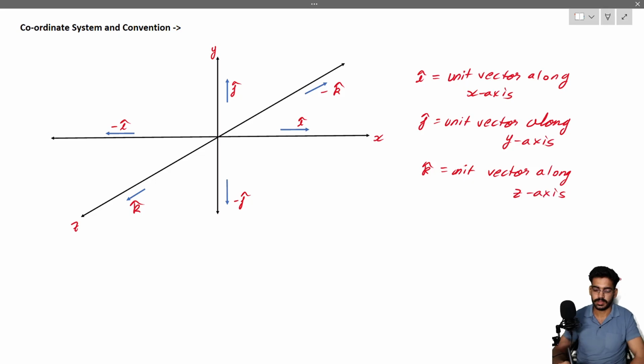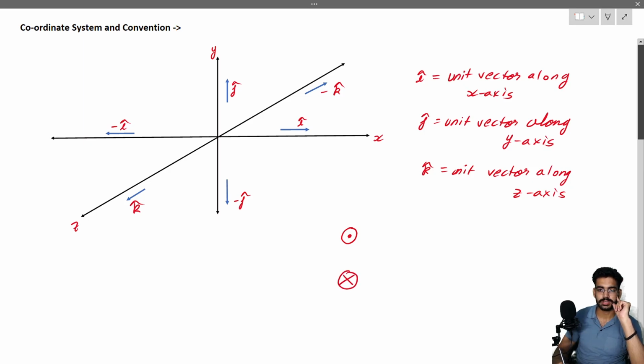I hope this is clear. Now I'm defining two more things: the circle and the dot. If a vector is pointing out, it is like this, and the other is a circle and cross.